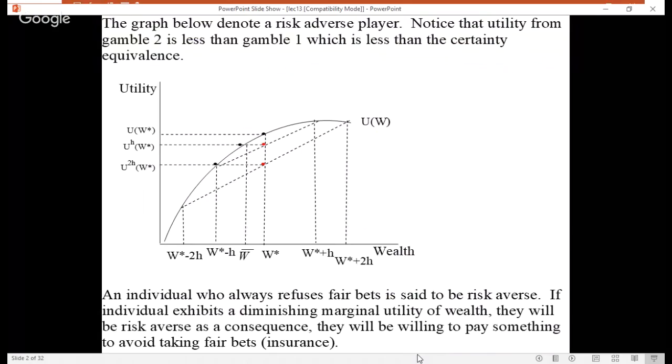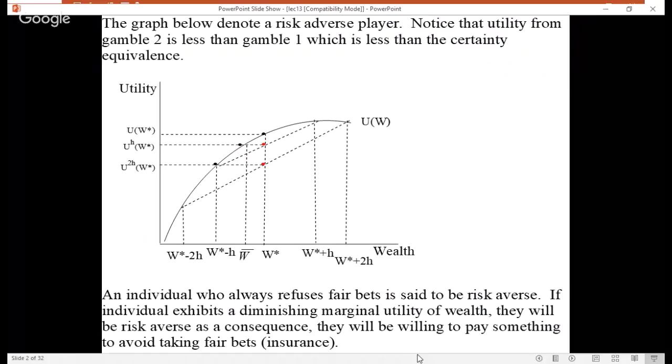So here I have a graph. Again, I have utility on the vertical axis, wealth on the horizontal. I can stay with W star for certain, or I can take a bet. If I stay with W star for certain, my utility would be U of W star.